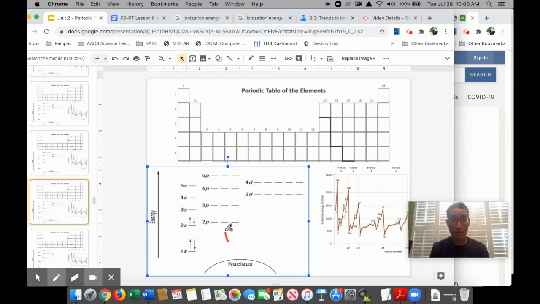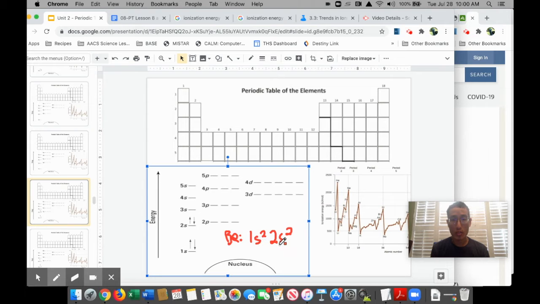Here, beryllium, we've got 1s, and there's 2 in there. Here, we've got already 2 electrons in the 2s, so 2s, but there's 2 of them, so we have 2s2. Okay, lithium would be very similar.